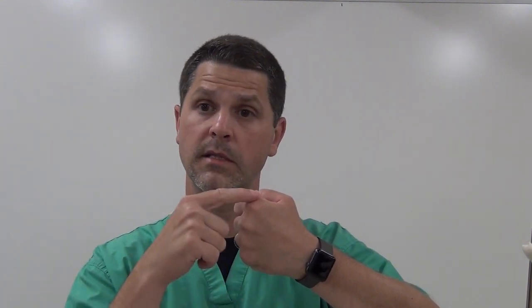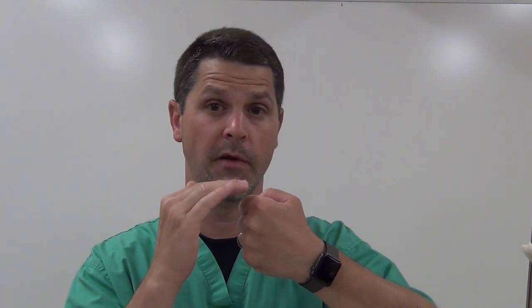Again, we want to put these in below L2 so there's no chance of spinal cord involvement, right? So I'm going to find my L4 spinous process. I go up, L3-4 interspace. If I go up again, that's the L2-3 interspace, and if I can help it, I don't want to put it in above that, right? So again, this is the L4 spinous process. I go down, this is the L4-5 interspace.